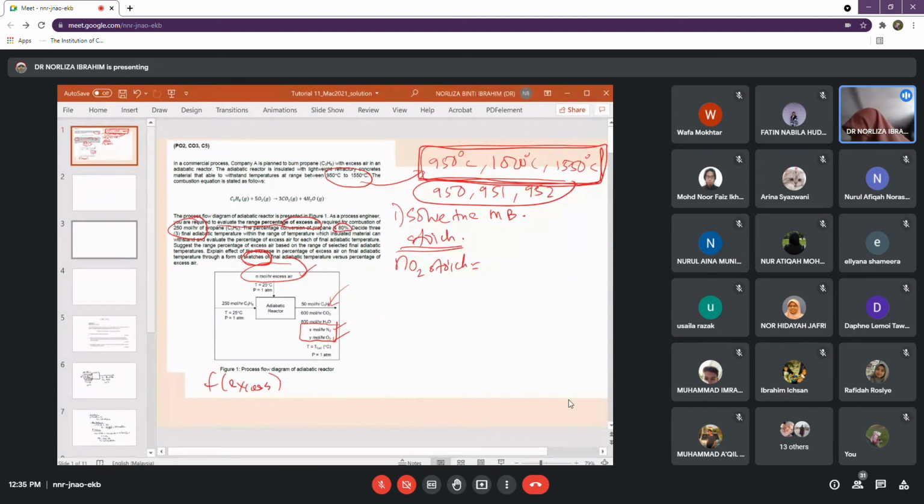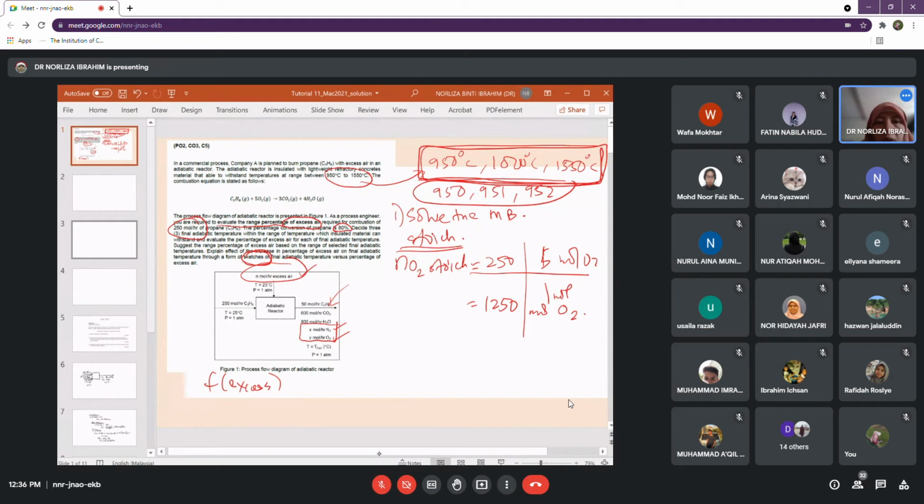For the stoichiometry of the oxygen, we start from the limiting reactant, 250 of the propane. Refer to the reaction: 1 mole of propane needs 5 moles of oxygen. So you get 1250 moles of oxygen. So this is required in the reaction.